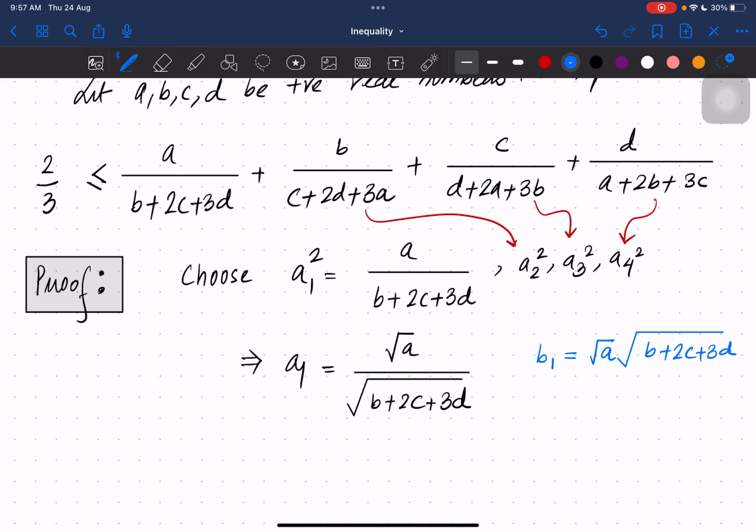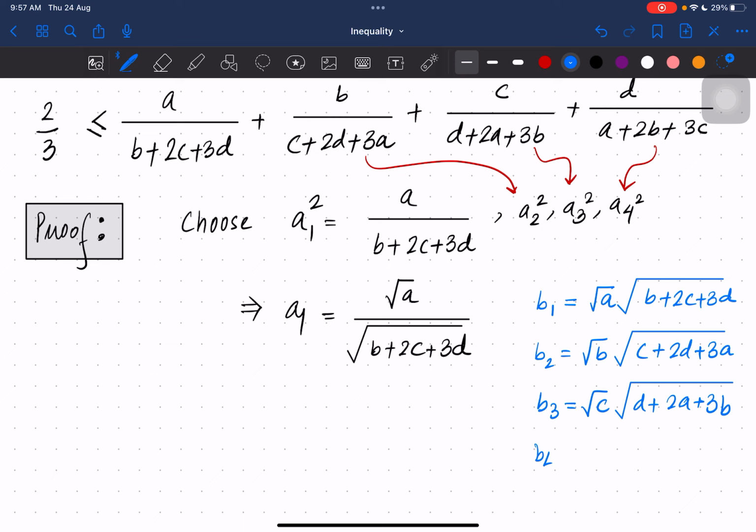Similarly, I can choose all my b's, so b2 will be root B times root of C plus 2D plus 3A, b3 will be root C times root of D plus 2A plus 3B, and finally b4 will be root D times root of A plus 2B plus 3C.